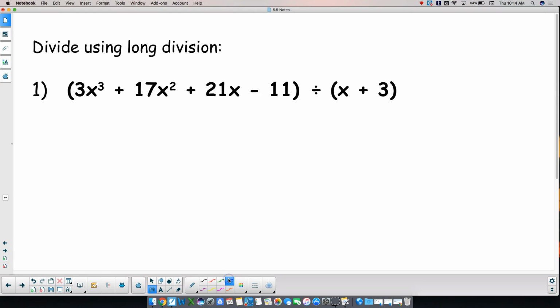What comes behind the divide sign is my outside. What's in front of my divide sign, or in the numerator of my fraction, or in front of my slash, or however the division problem is written, that's the inside.